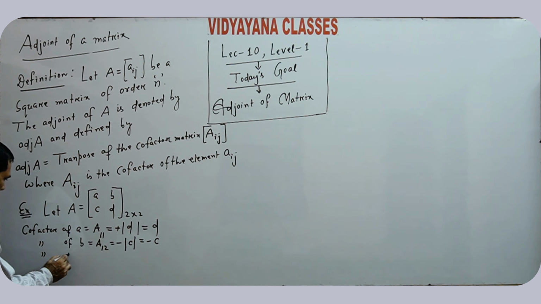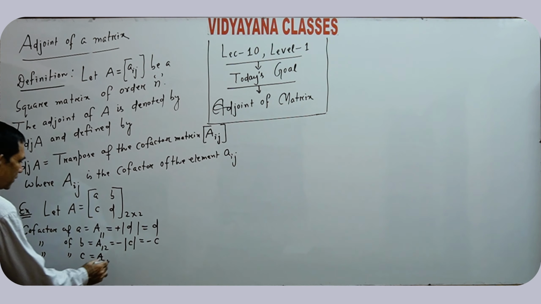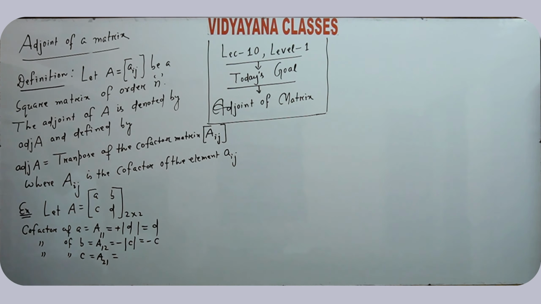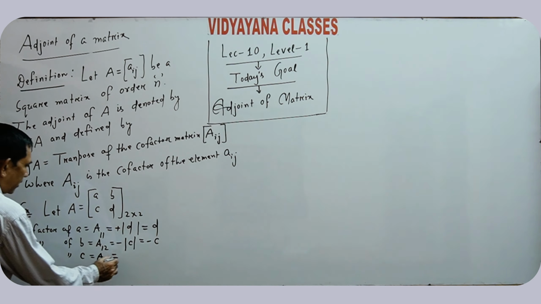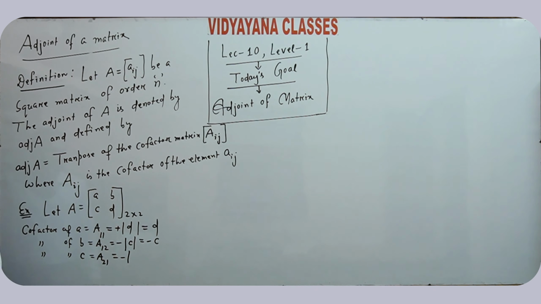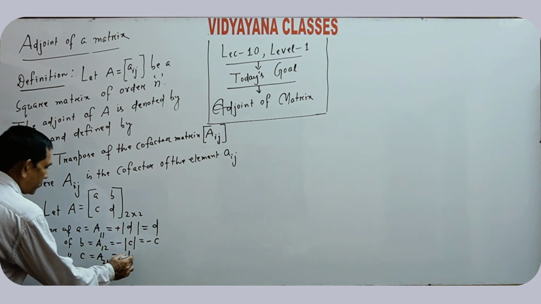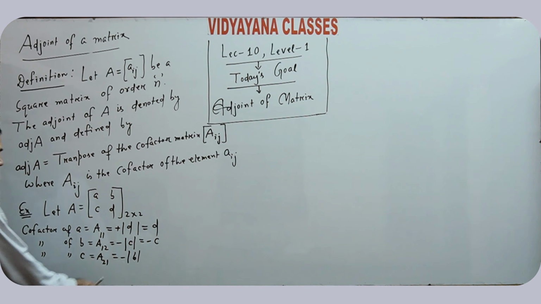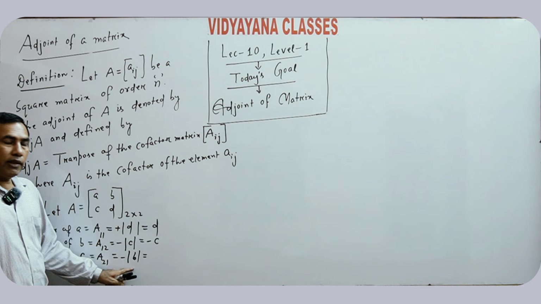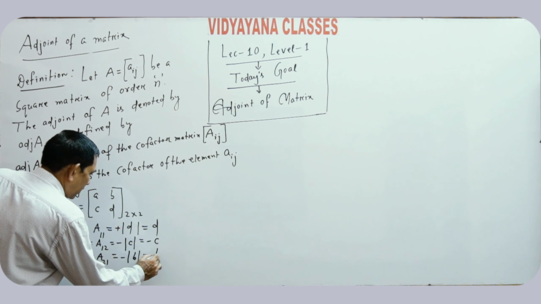Cofactor of c is the element of second row and first column, which is denoted by A21, its sign is negative. Determinant obtained deleting the second row and first column gives determinant having element b. Determinant of a single element is itself, so it is minus b.